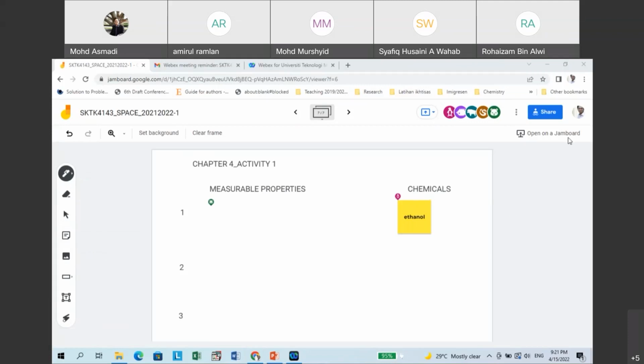Concentration. Concentration boleh saya rasa. Concentration is measurable. Kan? Sebab dia sample persen kan, berapa persen yang kita pakai kan? Hmm. I think so. Concentration boleh. Concentration. Kerosene. What is the measurable?